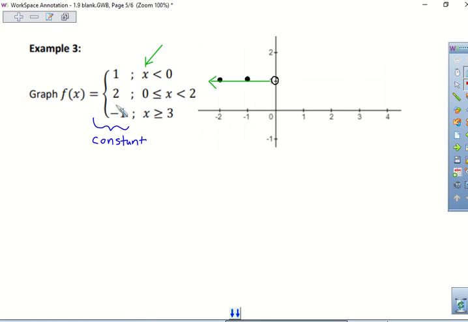So the next one, right here, between 0 and 2. So at 0, it's at 2. At 1, because it's between 0 and 2, it's at 2. And then at 2, it's at 2, but what kind of circle is it? Open.